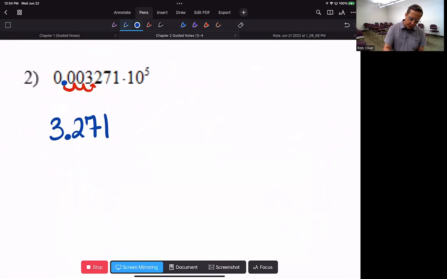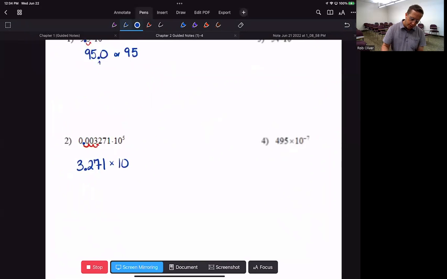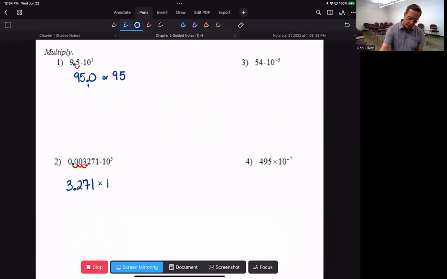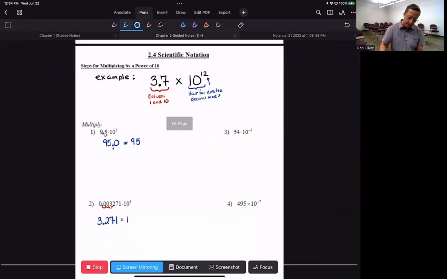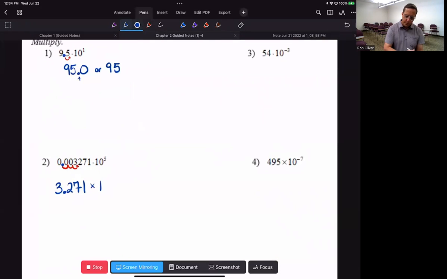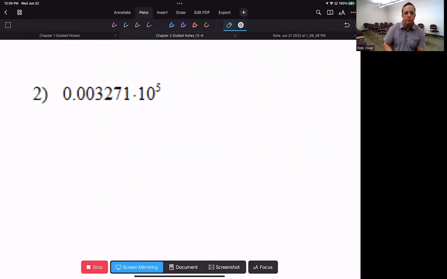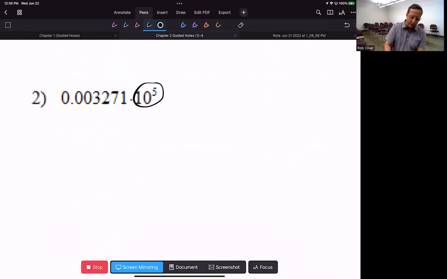All right, and then what we're going to do is, okay, for number 2, we're looking at the power of 10 here, and that's got a 5, meaning we want to move the decimal over 5 places.